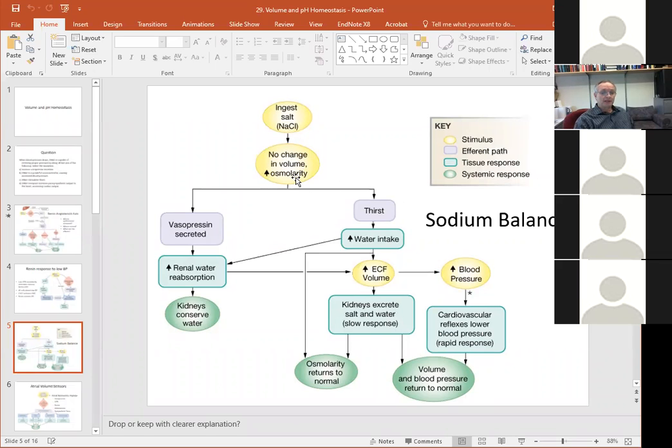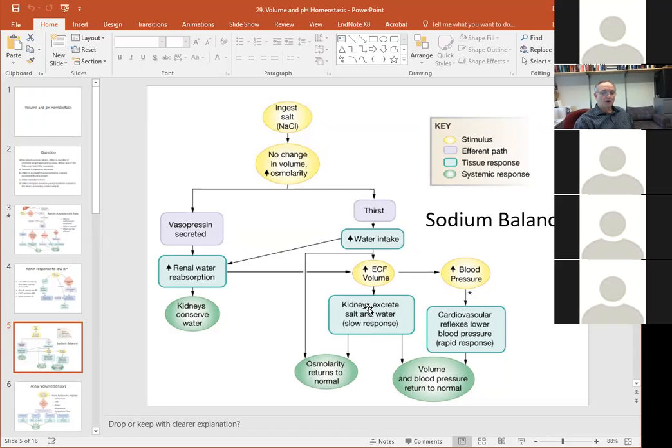But the osmolarity has gone up, and the osmolarity center in the hypothalamus recognizes that, and there are sensors that stimulate the posterior pituitary gland to secrete vasopressin and stimulate the sensation of thirst. There's a thirst center in the hypothalamus that makes us want to drink more water, to balance out the excess sodium that we've taken in.